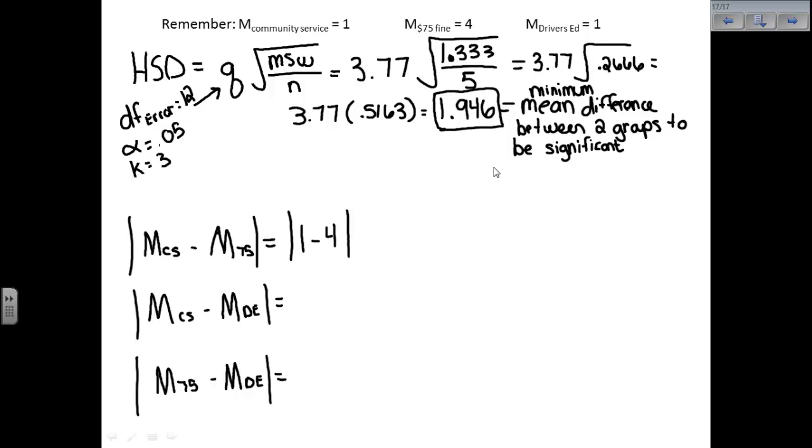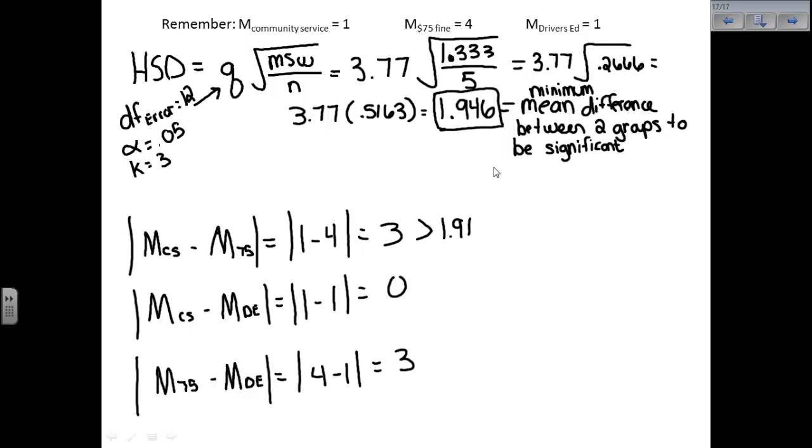We can infer that by looking at the means later. Community service, okay, so 1 minus 1. And then 4 minus 1. Well, we've got 3, 0, and 3. Well, these are both greater than 1.946. So we know that this is a significant difference with an alpha level of 0.05.